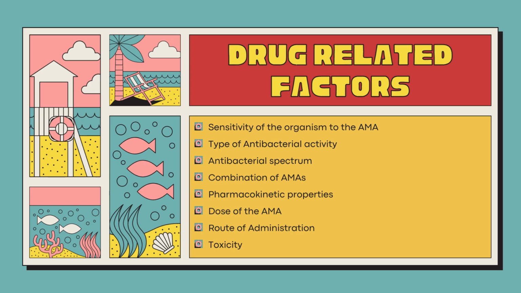In the sensitivity of the organism to the antimicrobial agents, the agent to which the organism shows the highest sensitivity is selected. Thereby, the sensitivity of a microorganism to different antimicrobial agents is determined on the basis of MIC. An organism is considered highly sensitive if the MIC of the antimicrobial agent is lowest for that organism.